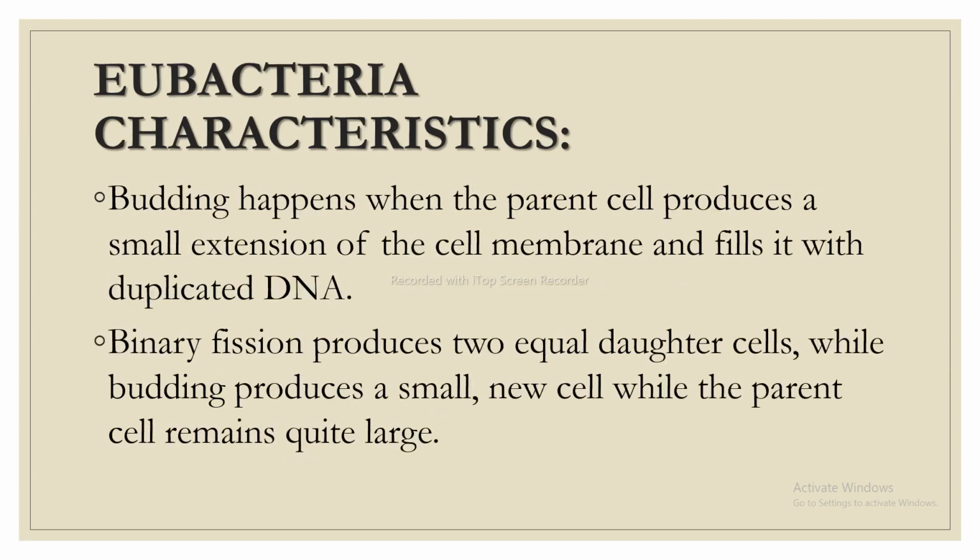Budding happens when a parent cell produces a small extension of the cell membrane and fills it with the duplicated DNA. Binary fission produces two equal daughter cells, while the budding process produces a small new cell while the parent cell remains quite large.